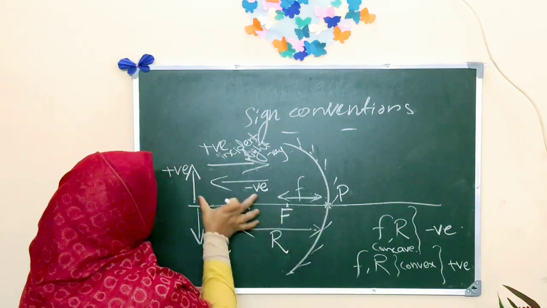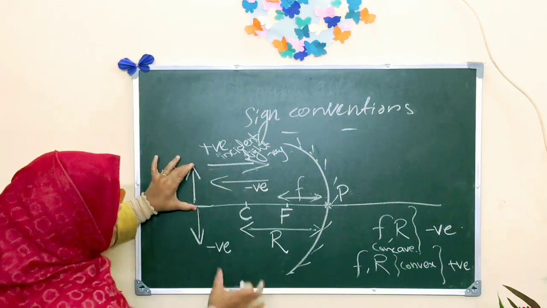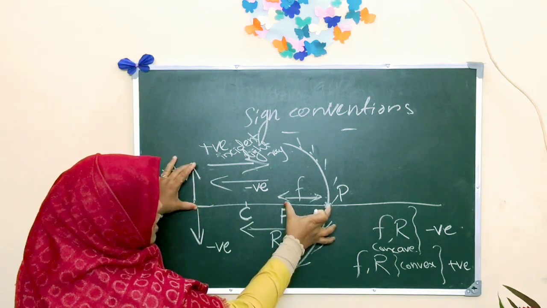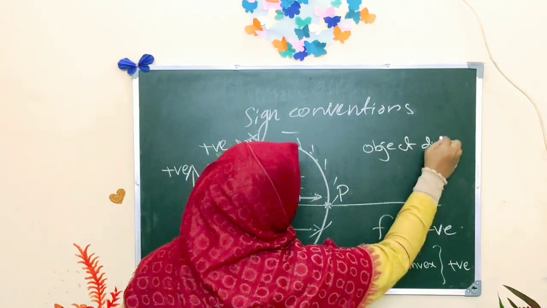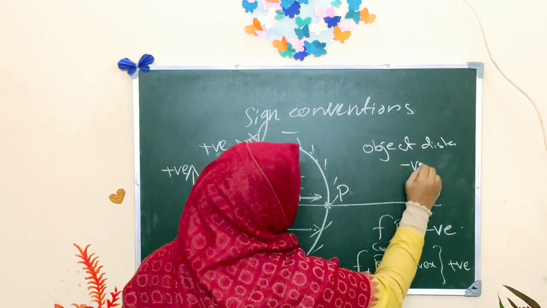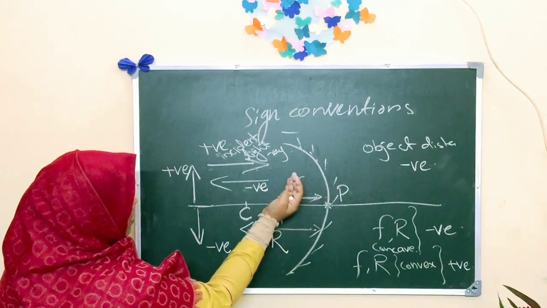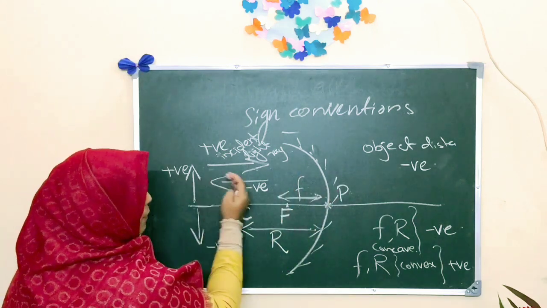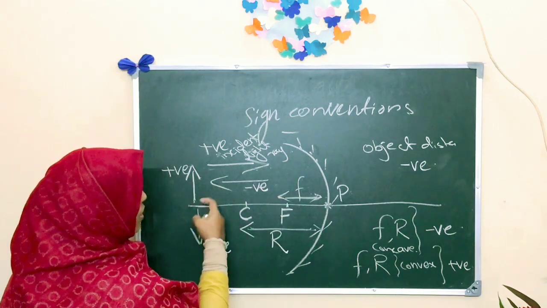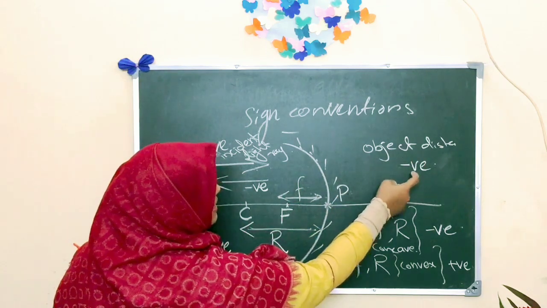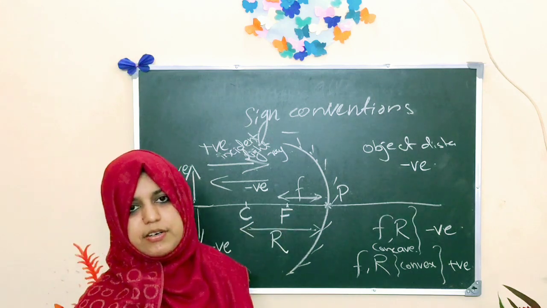If we keep the object on the principal axis, the object distance is measured from the pole, opposite to the incident ray. So object distance is taken as negative here. This much sign conventions, children.